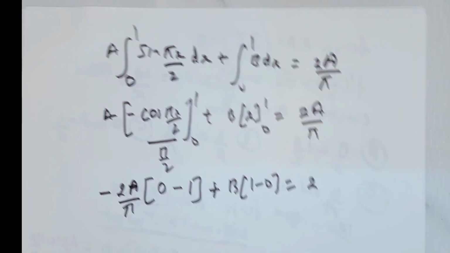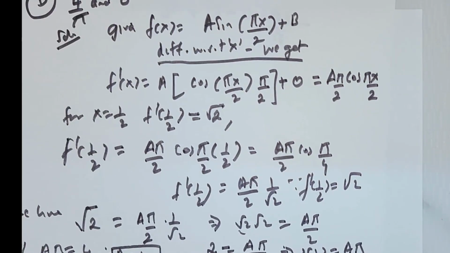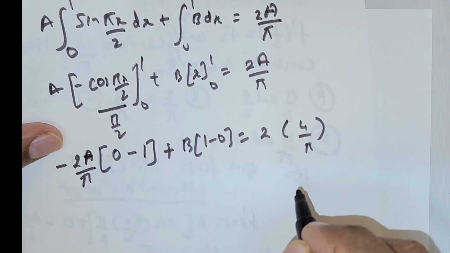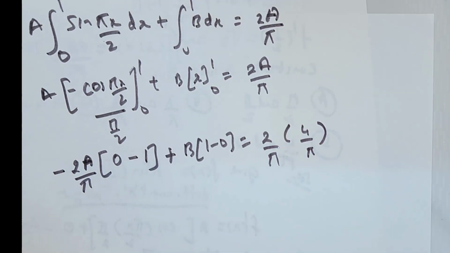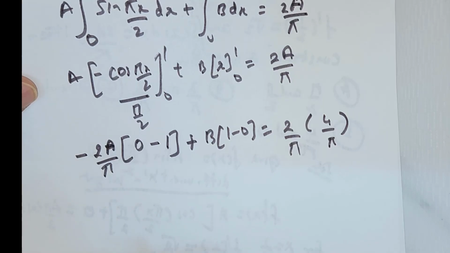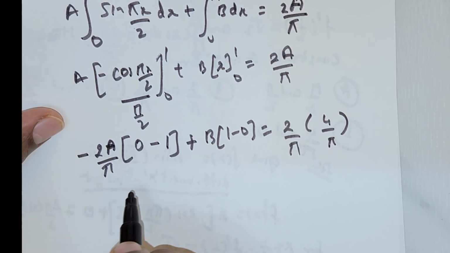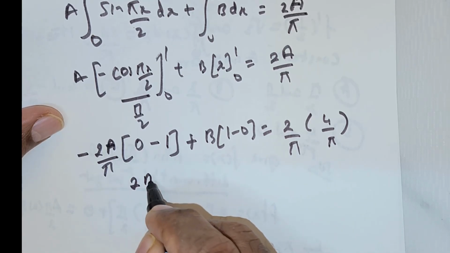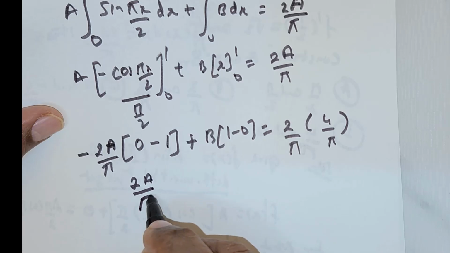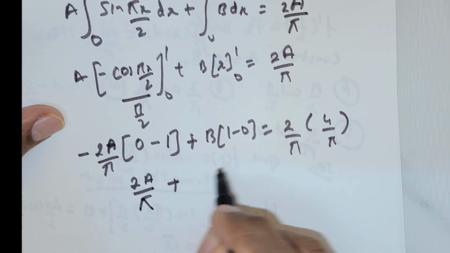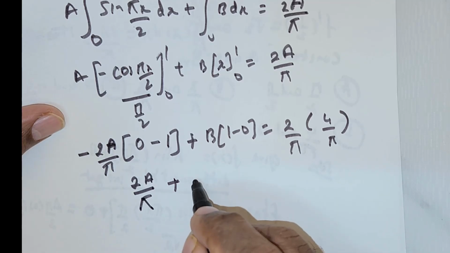What is the value for a? Let us go and check the value for a. a is 4 over pi. So a is 4 over pi, and there is already a pi here. This is going to give me 2 times a over pi. In fact, we do not have to make the substitution, but never mind.